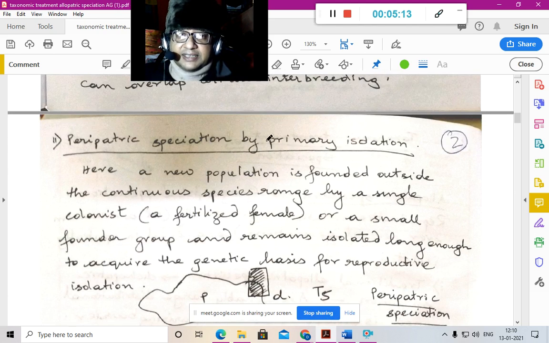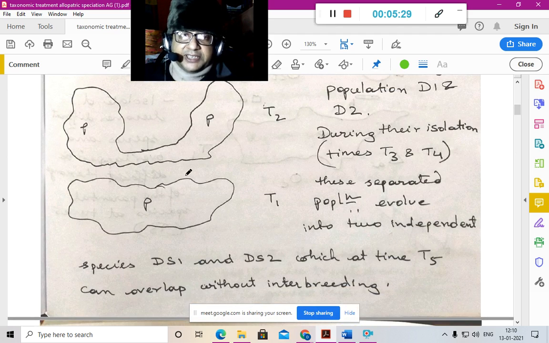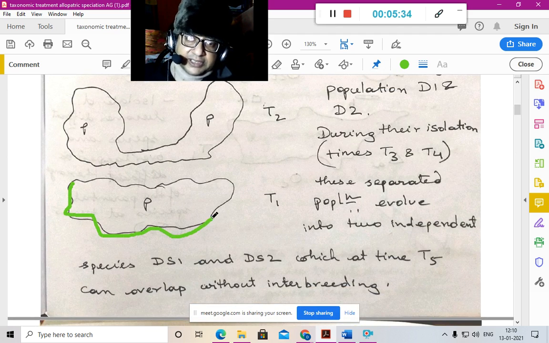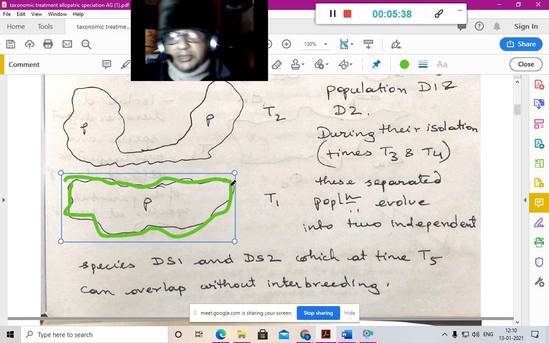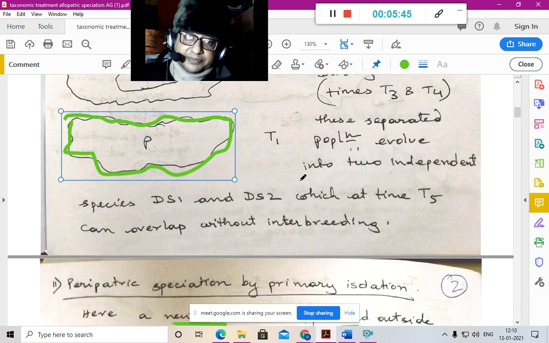Then we have another speciation known as peripatric speciation, and it occurs by primary isolation. Here a new population is founded outside the continuous species range. This whole region is a continuous species range, where the population is distributed uniformly, but it becomes discontinuous when a barrier comes up.